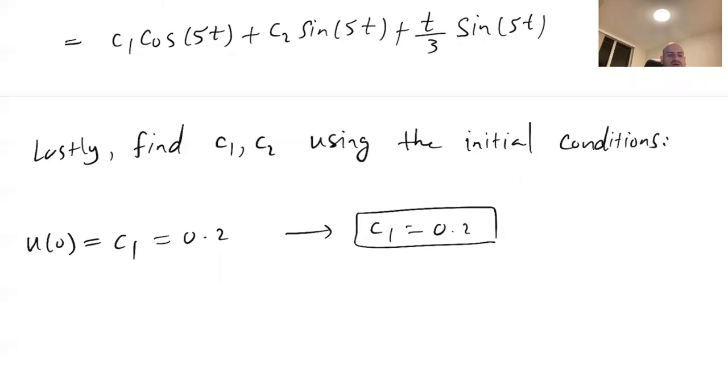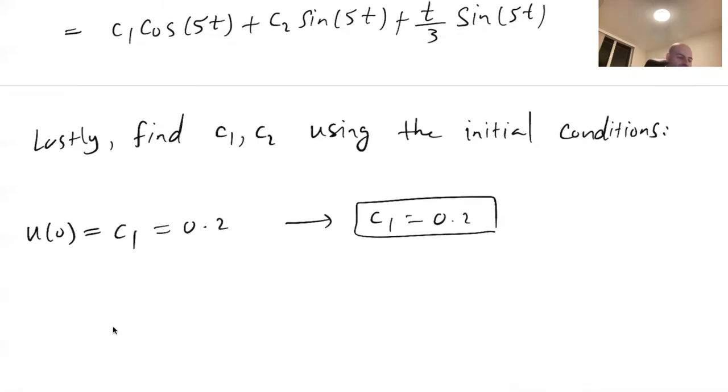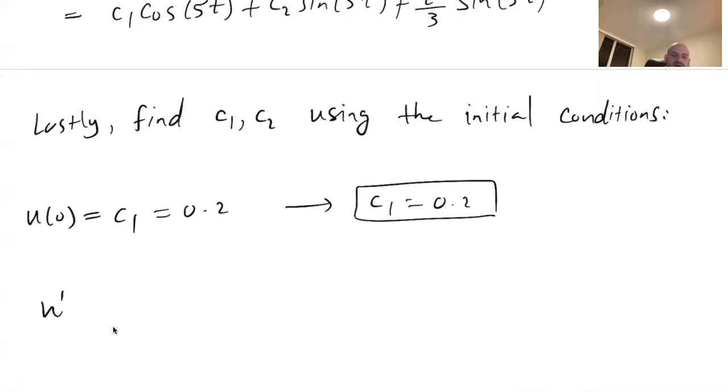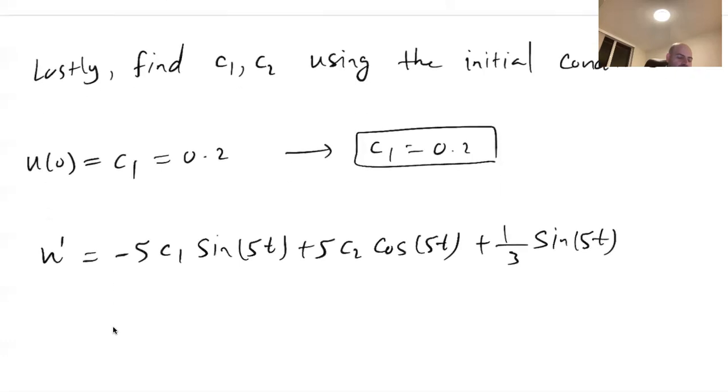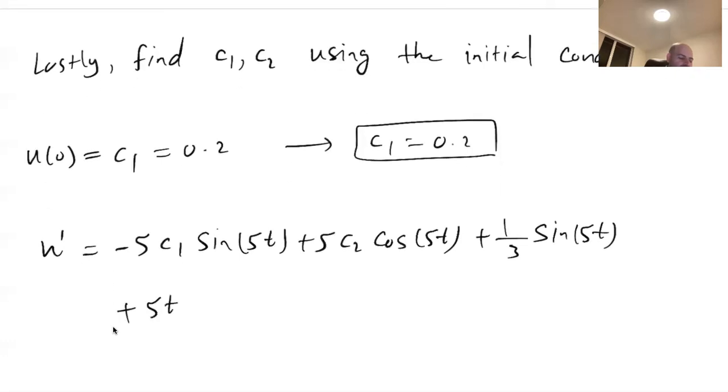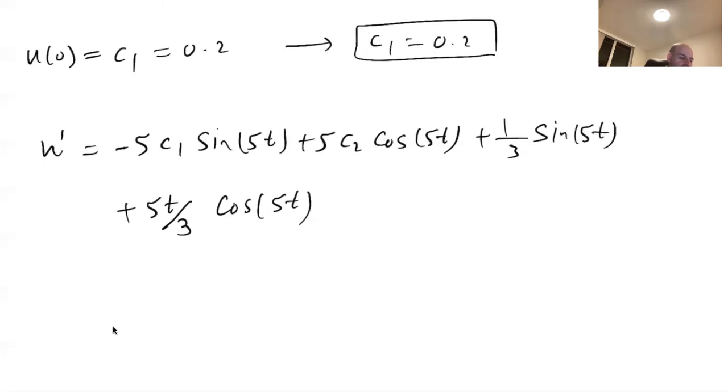And what about u prime of 0? First, we need to find u prime. u prime will be minus 5C1 sine 5t plus 5C2 cos 5t plus 1 over 3 sine 5t plus 5t over 3 cos 5t. So u prime of 0 will be 5C2.